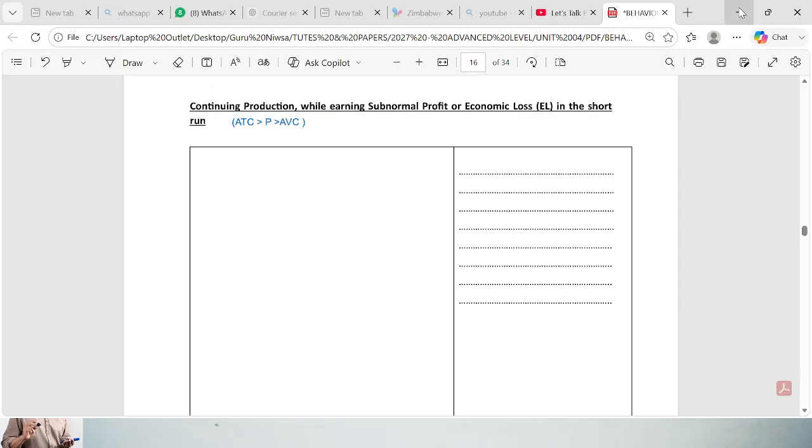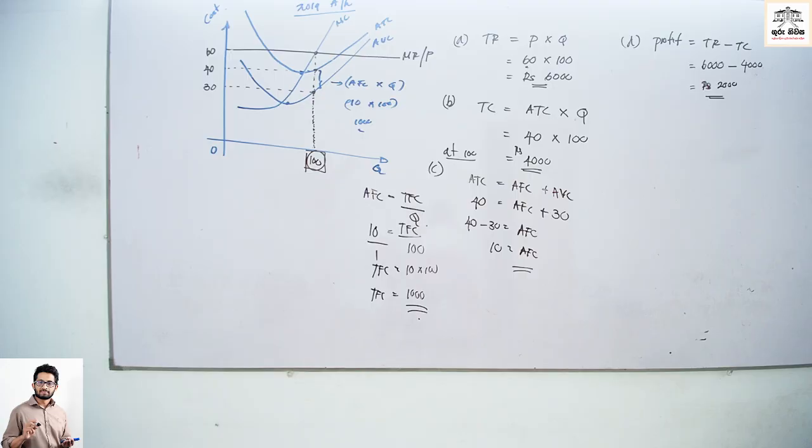How to draw the curve? Now you should be able to do it. We have drawn so many diagrams. Now you know how it goes. One minute, please.